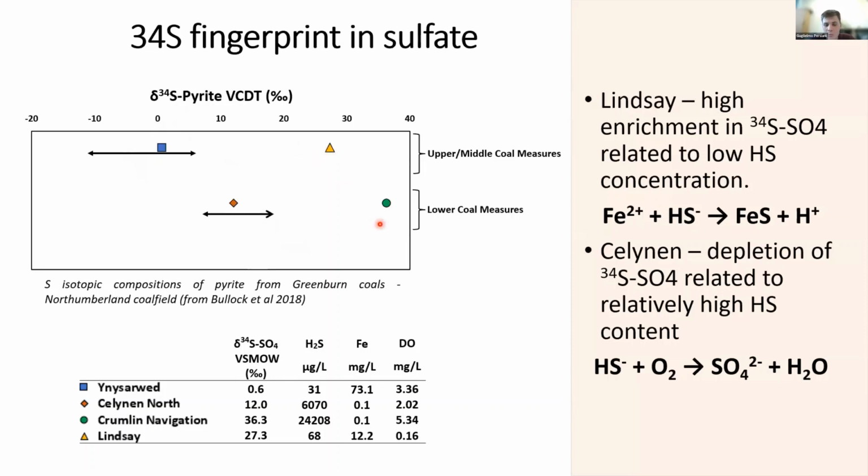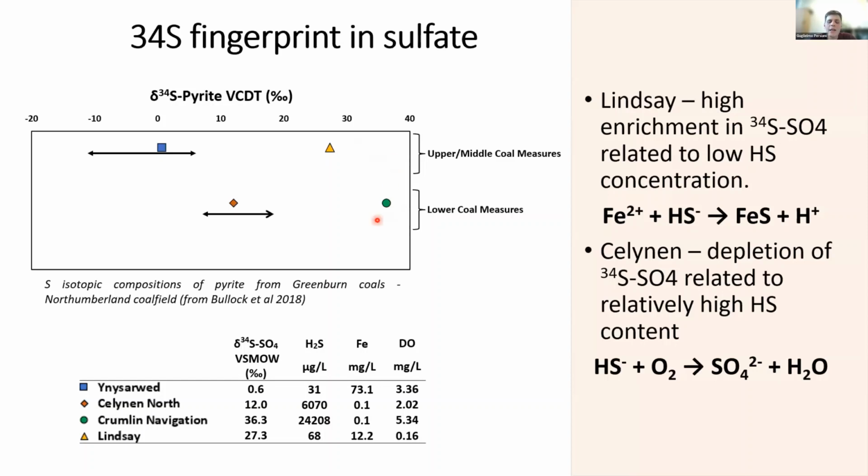Yet both of the two sites from the slide before have an enriched value of oxygen-18, and they have as well an enriched value of sulfur-34, which is a proxy, let's say, it could be the result, sorry, of a sulfate reduction ongoing in the aquifer.